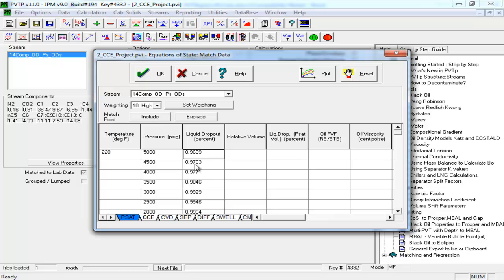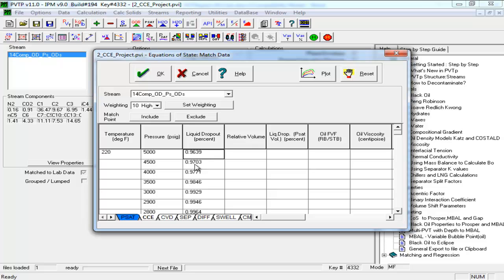Do you remember we said last time, after matching saturation pressure by binary interaction coefficient, when we try to match density we do this by auto-regression, because we need to keep more than one point matching. So you cannot do this manually. If you try to do it, maybe it will take a long time.